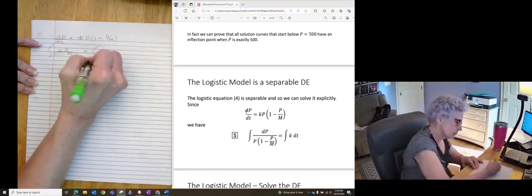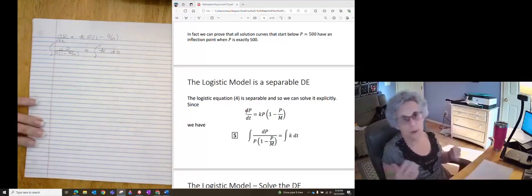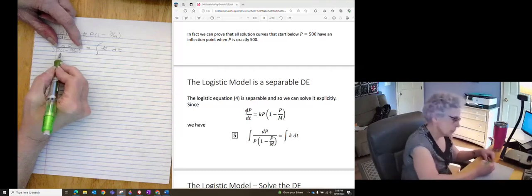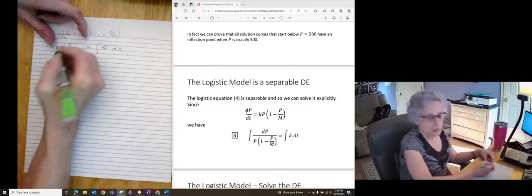We throw integrals on there. Partial fraction decomposition.